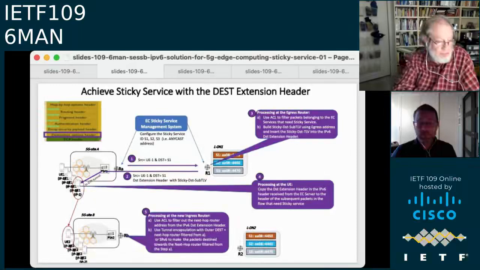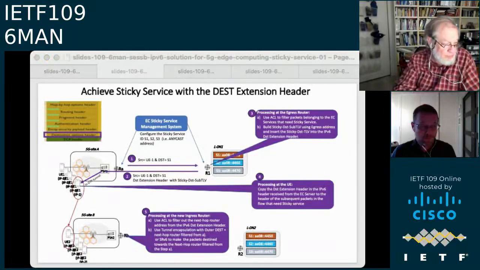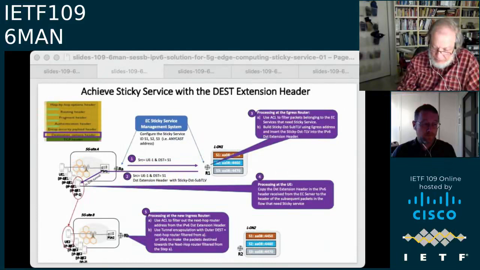So when the S1 server comes back with the response to the source, R1 basically uses an ACL to filter out the service and inserts the sticky service, sticky destination sub-TLV, inside the destination extension header.